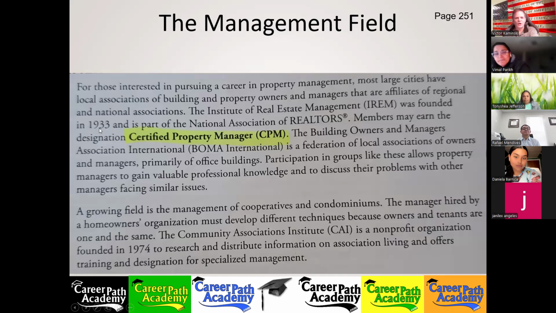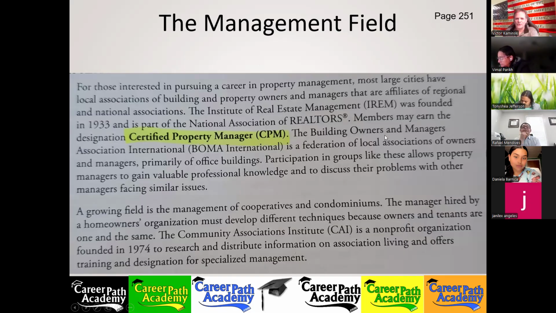And then we also have this. So yeah, the CPM course: the Institute of Real Estate Management was founded in 1933 and is part of the National Association of Realtors. Members may earn the designation Certified Property Manager.